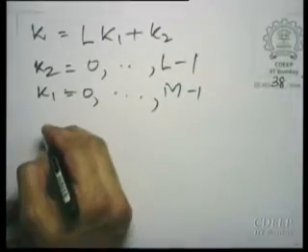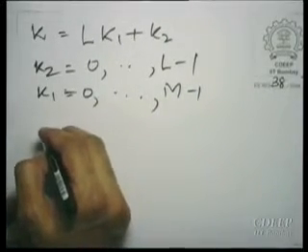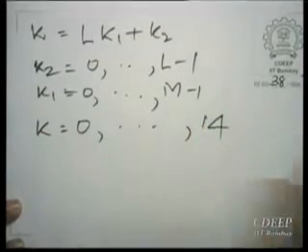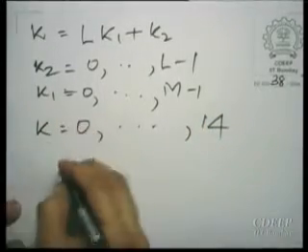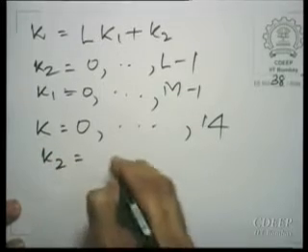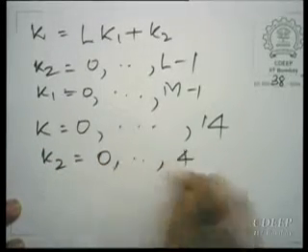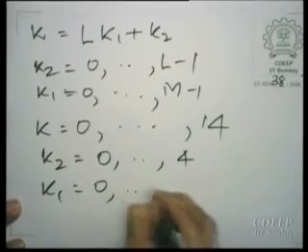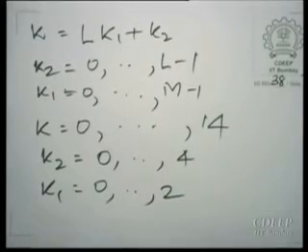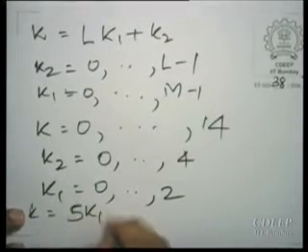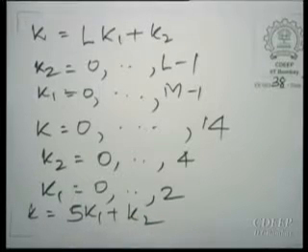So here for example, k would go from 0 to 14 in this example where capital N is 15, k2 would run from 0 to 4 and k1 from 0 to 2. You are saying essentially k is of the form 5k1 plus k2 here.